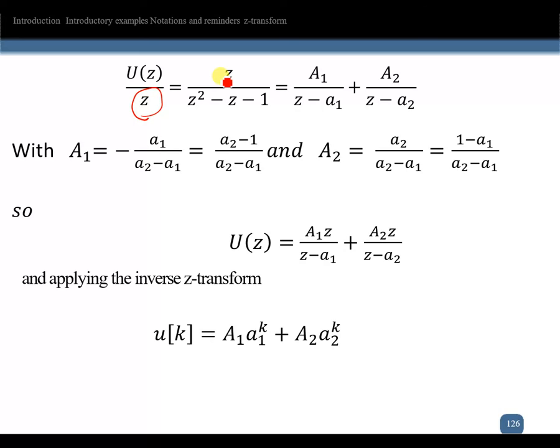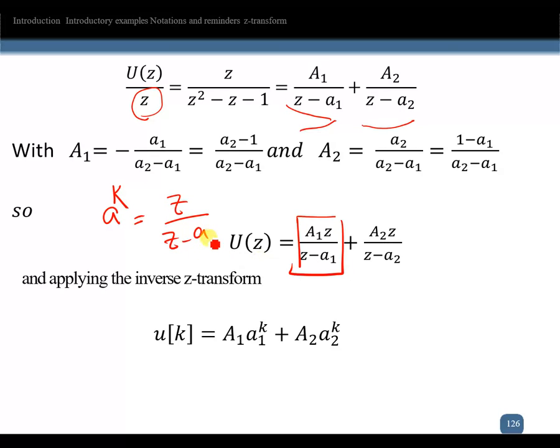Then you multiply z again in the denominator. a1 z/(z − a), if you remember, a1 is a coefficient that comes out, and z/(z − a) becomes a^k. Here a is a1, and here a is a2. You substitute and you find u(k).